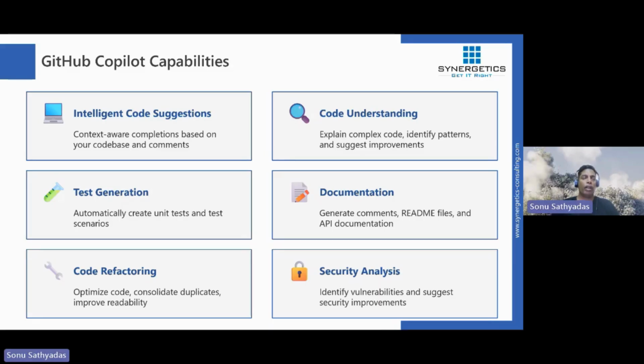Or if you are providing some authentication keys directly inside your code, or you are writing SQL queries directly inside your code, it will say that there is a chance of SQL injection attack, so don't write your SQL queries directly inside your code. This kind of security-related suggestion can be provided by Copilot.